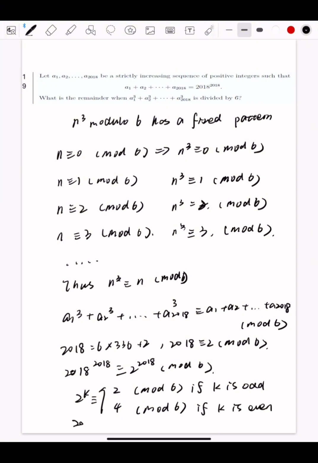And we know that it is even. So the remainder is 4.